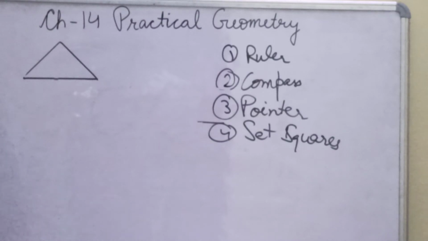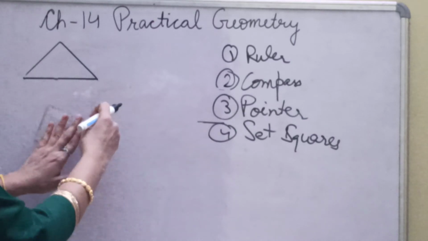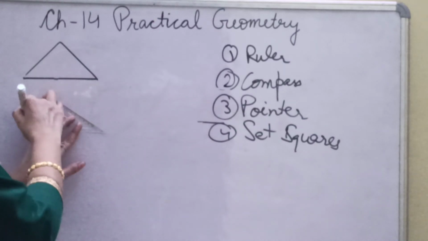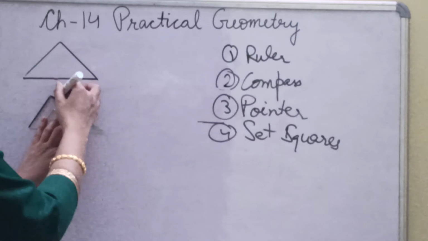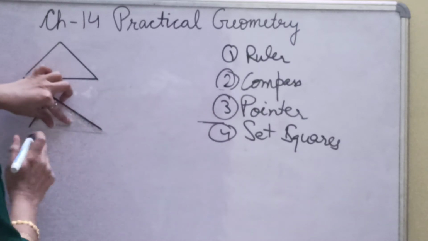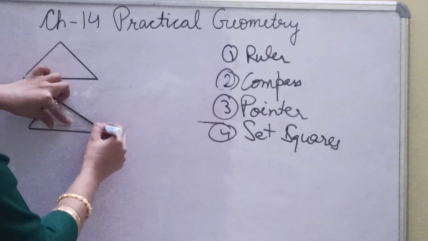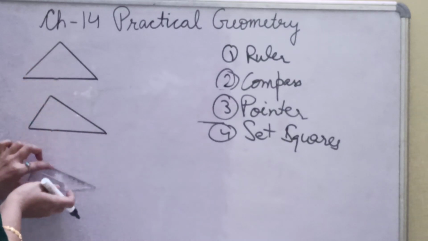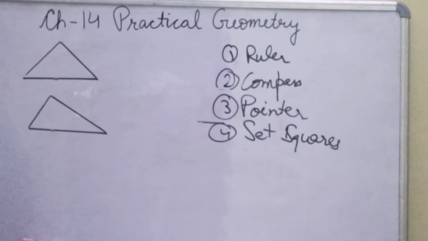And with the second one, I will draw this one. If I draw the shape with this, then this shape we are getting. So this way we can draw the two shapes.